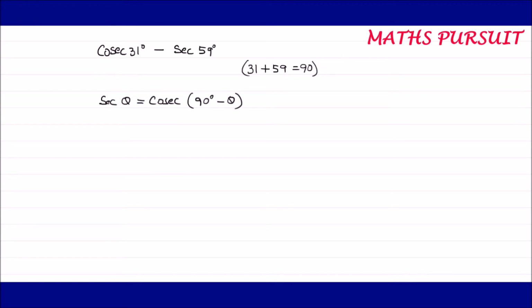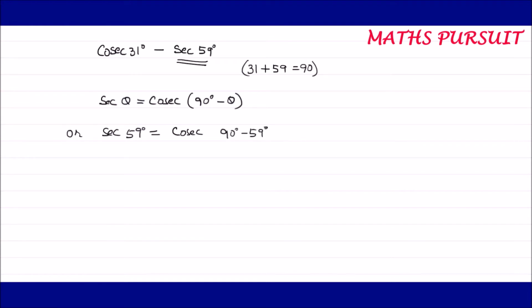Now here we have sec 59 degree. So keeping this in view, let me take the value of theta as 59. Replacing theta with 59 degree, I can write sec 59 degree is equal to cosec 90 degree minus 59.